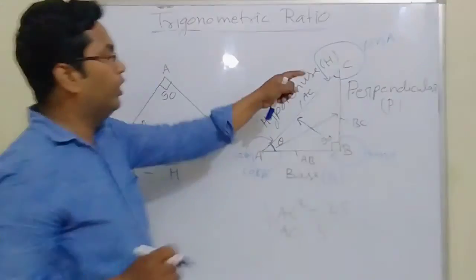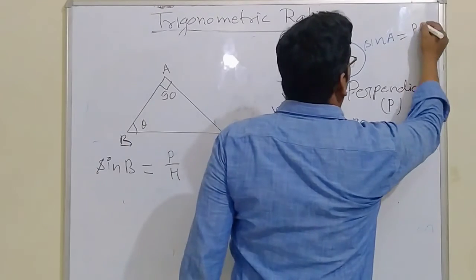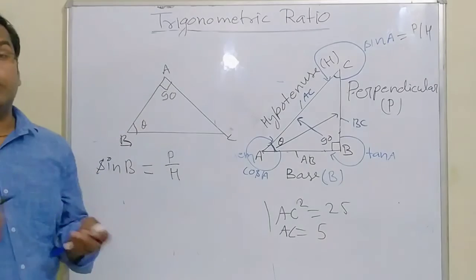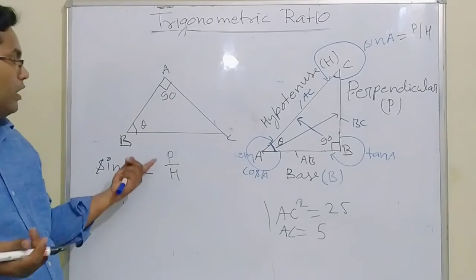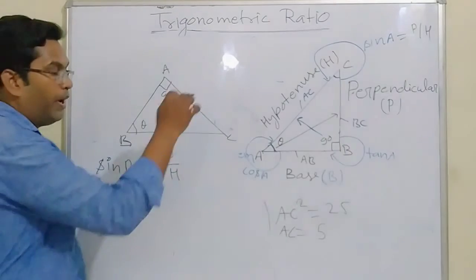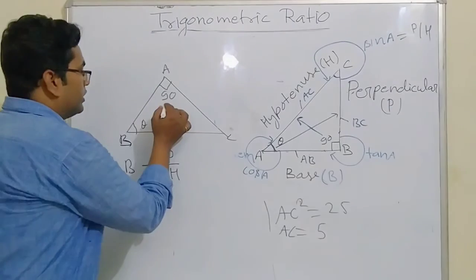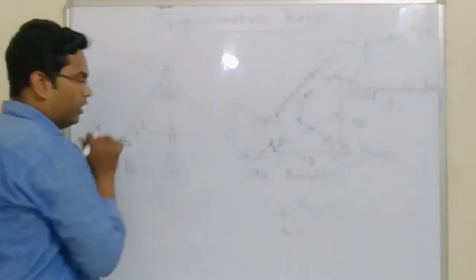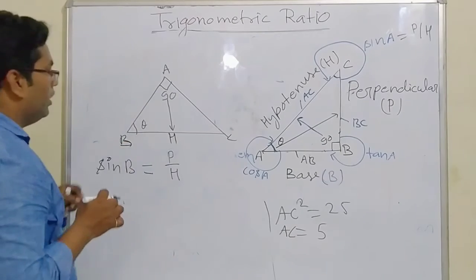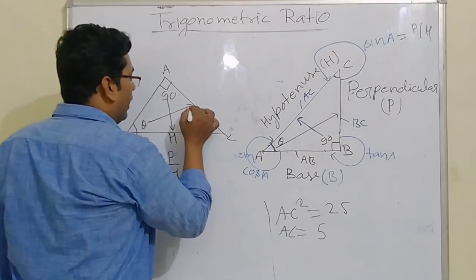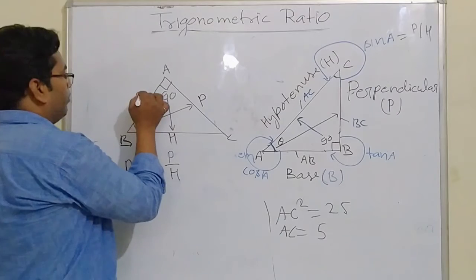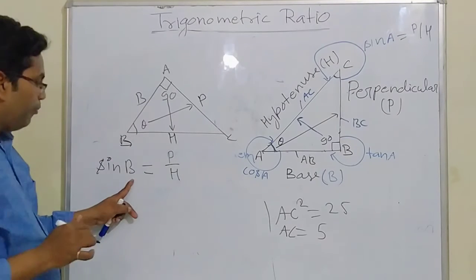Sin theta is equal to perpendicular upon hypotenuse. I don't know which one is the hypotenuse and which one is the perpendicular, so remember that formula. The side which is in front of the right angle is the hypotenuse, and the side which is in front of the angle, that is B, is the perpendicular, and the remaining one is the base.